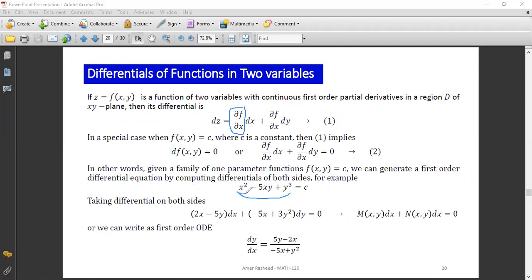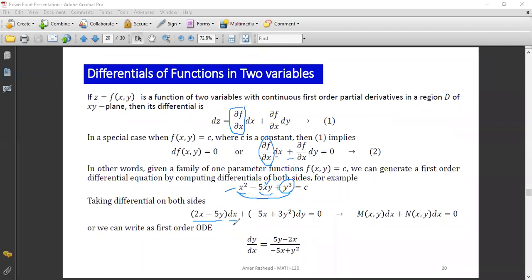The derivative of x square is 2x. In 5xy, the derivative of x is 1, y is a constant, it remains the same. And here there is no x, y is considered constant, so its derivative with respect to x will be 0. So what we get is 2x minus 5y dx. This is the differential, meaning we calculate partial f over partial x from here and then multiply by dx.